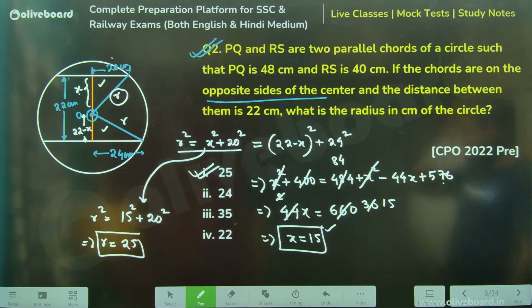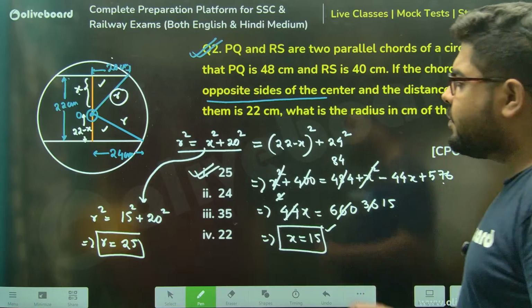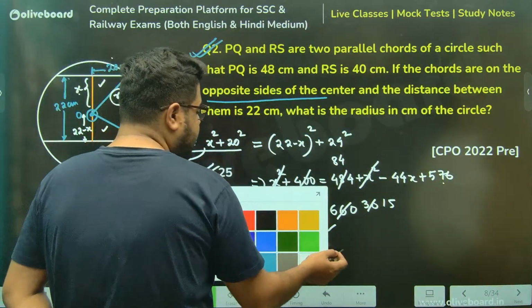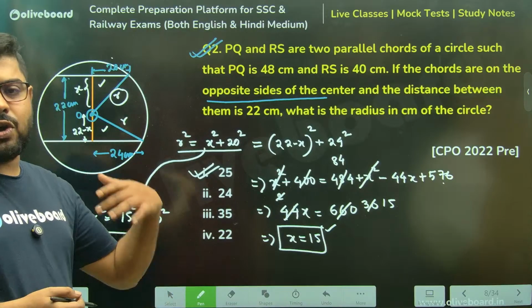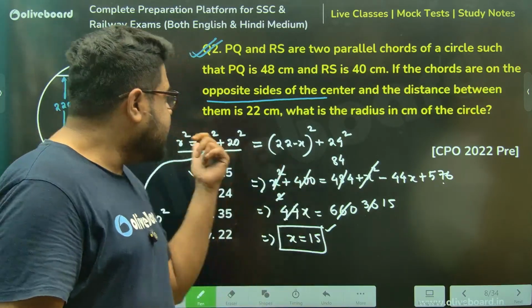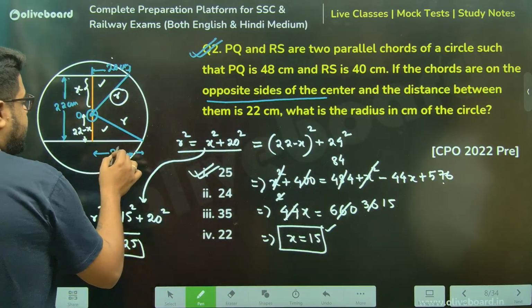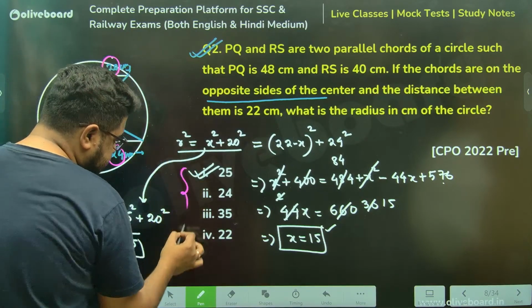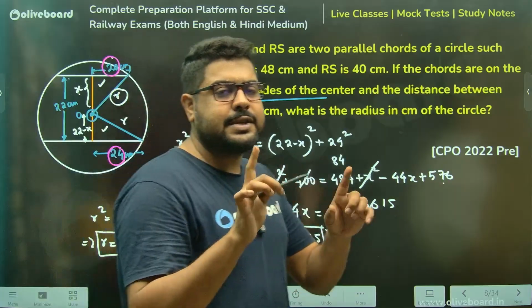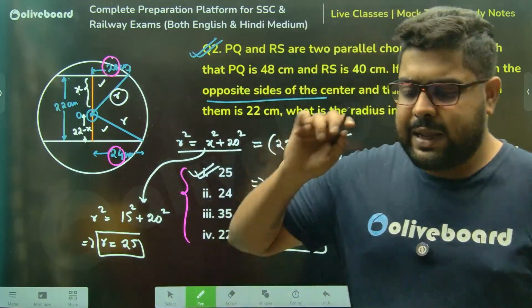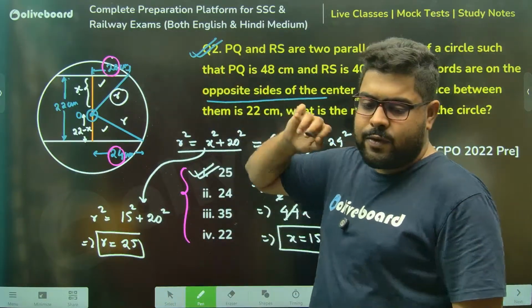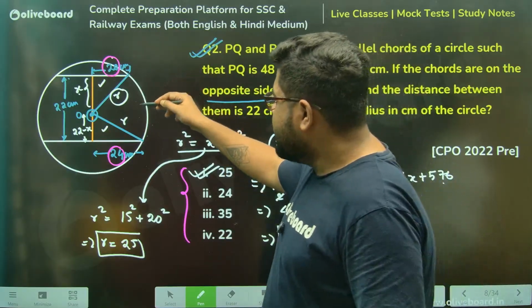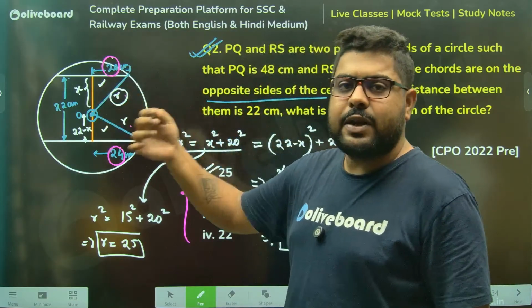Now, this is the most conventional and the most foolproof way of solving this. But sir, there are shortcuts as well. The more you think, the more shortcuts you get. For example, once I've seen 24 is there, 20 is there, and all my options are integers, I have to take something bigger, because we are finding the radius.